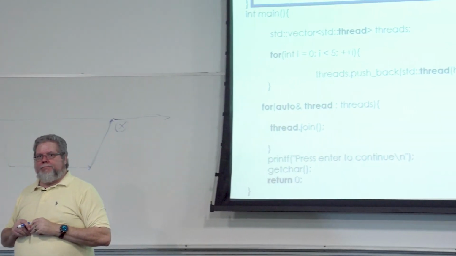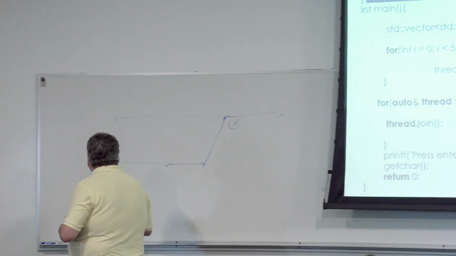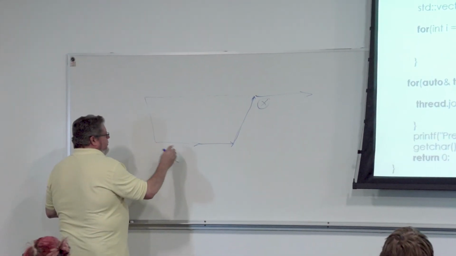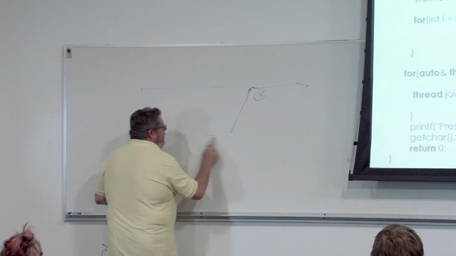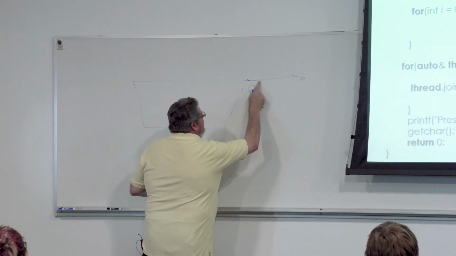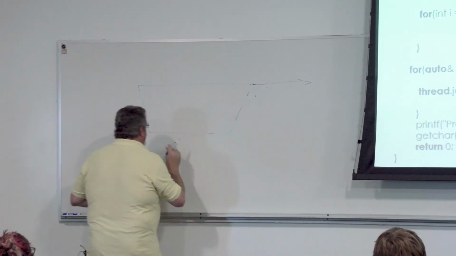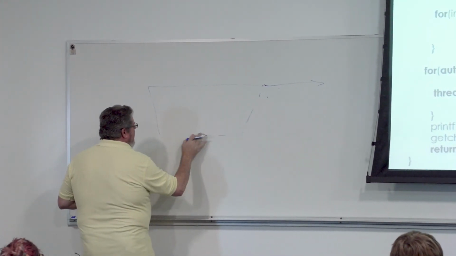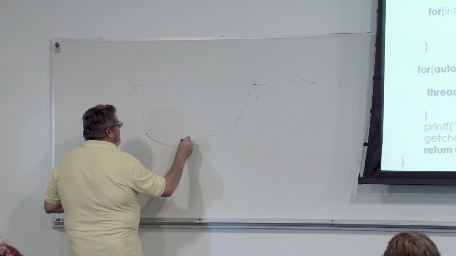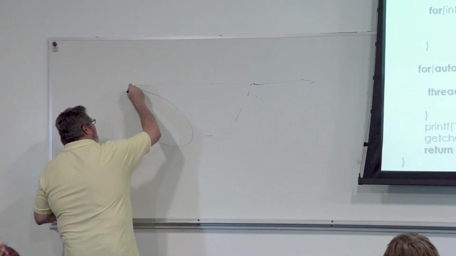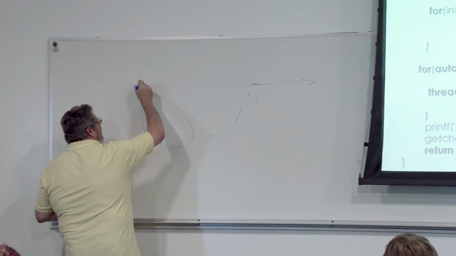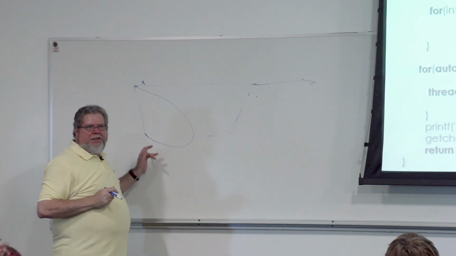Now, if you diagram this, it kind of looks a little weird, because what's actually happening here is I'm putting the join immediately after, and I'm not doing anything, so I'm launching off a group of threads and coming back to exactly where I launched, and I'm waiting there.